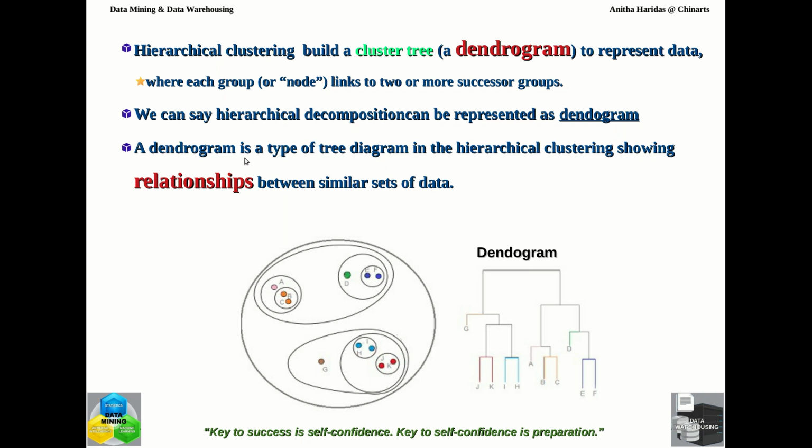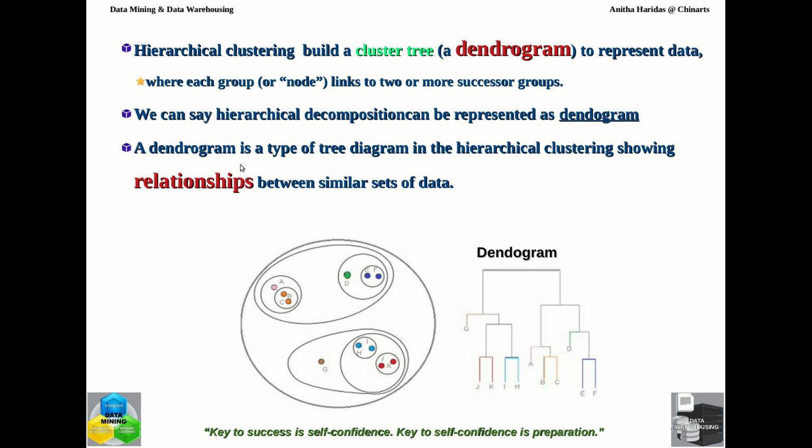The dendrogram is a type of tree diagram in hierarchical clustering, showing relationships between similar sets of data. So if I have this dendrogram, G and these data are related. Or if I have a cluster tree like this, this node says B and C are related, and this node says A, B, C are related.